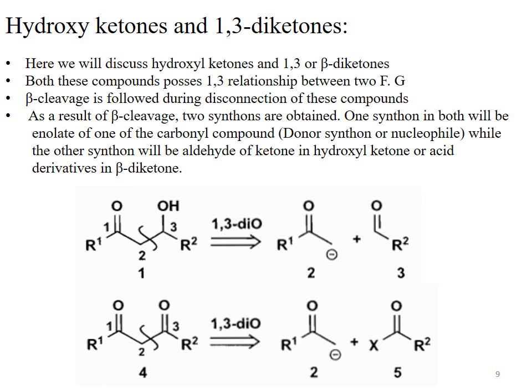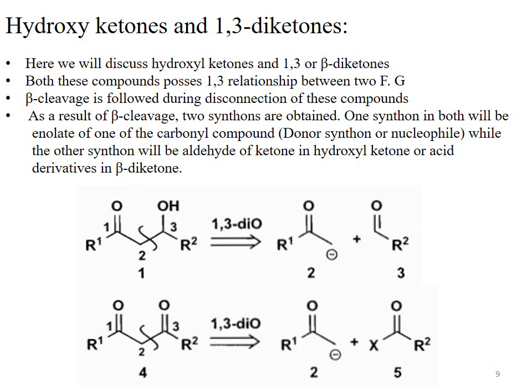The alpha carbon will carry a negative charge, that is the enolate of the respective carbonyl compound. The other coupling partner, the other fragment, which contains a carbon bonded with the OH, must carry the positive charge at the beta carbon, and that is also a carbonyl compound, either an aldehyde or a ketone.